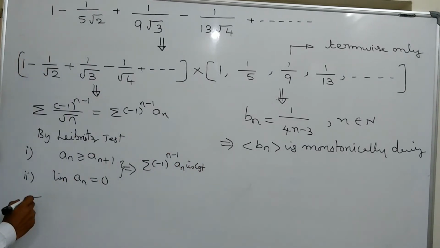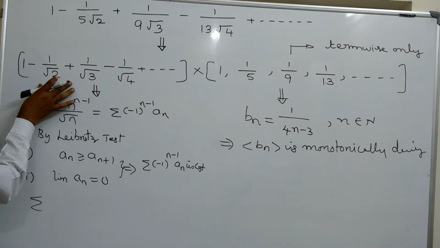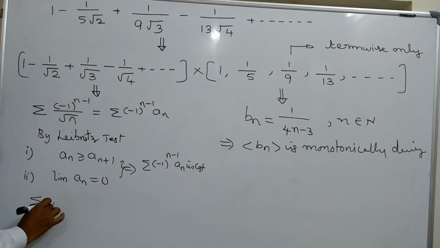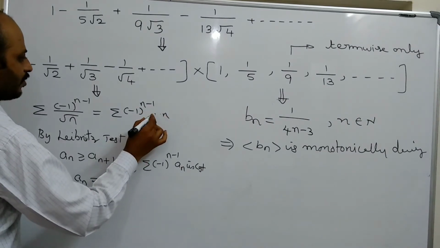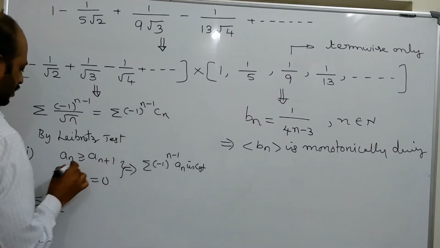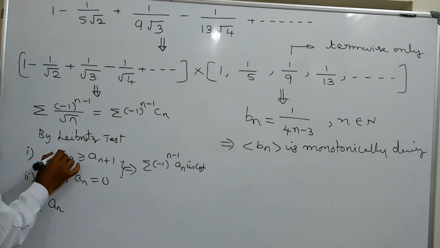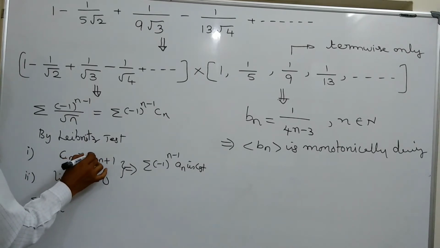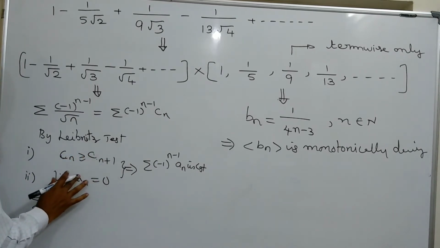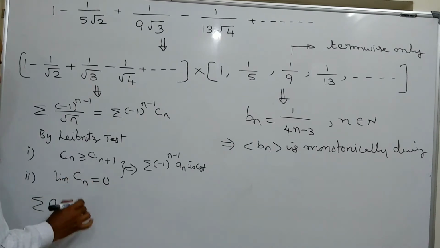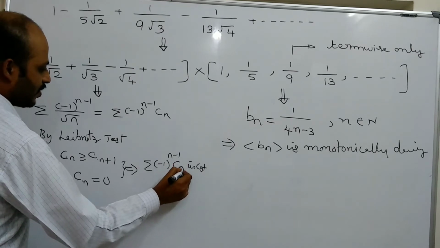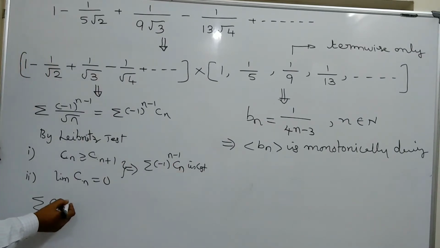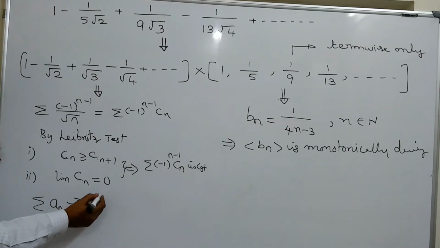So something you can take here, Cn, for our convenience only: Cn is greater than or equal to Cn plus 1 and limit Cn is equal to 0, then summation (minus 1)^(n minus 1) Cn is convergent. Therefore summation an is a convergent series.